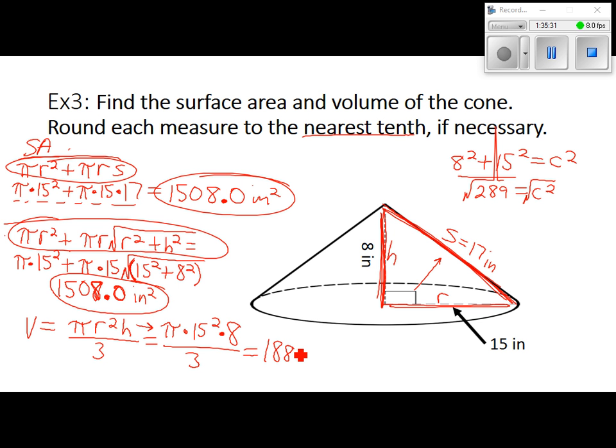And again, I look at the tenths place, it's a 9, and the number right behind that 9 is a 5, that tells me I round up, so I'm actually going to have to round this 4 up to a 5, and 0 there. The 9 becomes a 0. And that's inches, since it's volume, that's inches cubed. So what we're doing when we're finding volume is we're seeing how many of these little cubes it takes to fill up that whole cone.